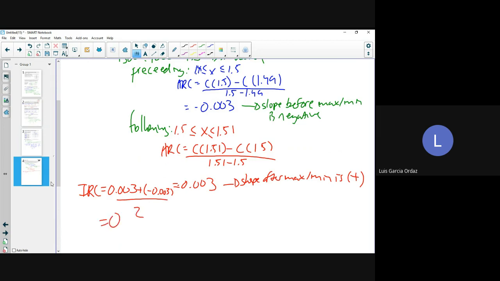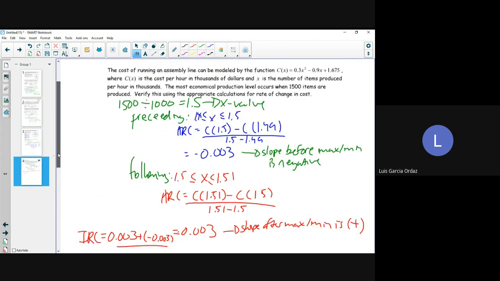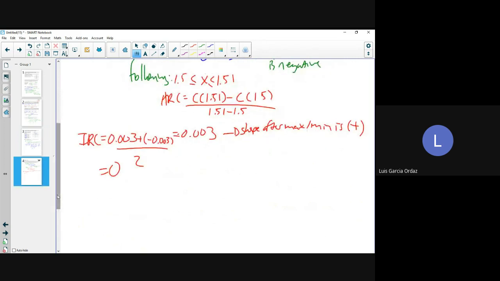So since the slope to the left of the x value we're looking for is negative, and the slope after is positive, it is safe to assume that this is a minimum, and we have a parabola opening up, and our vertex is at x is equal to 1.5.